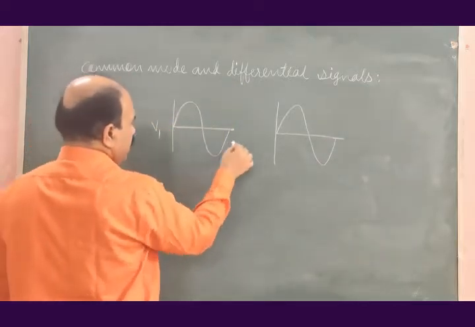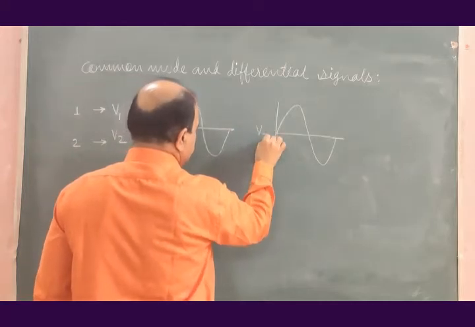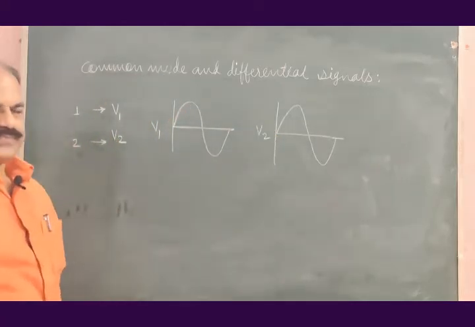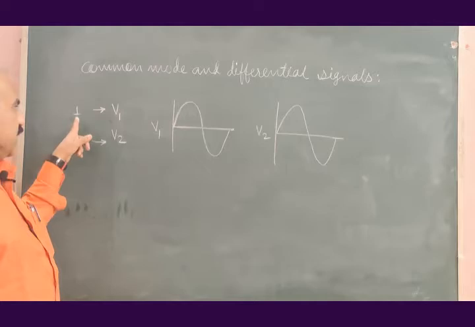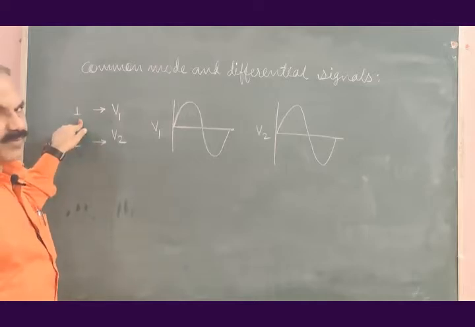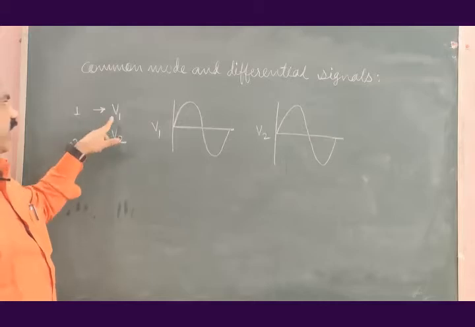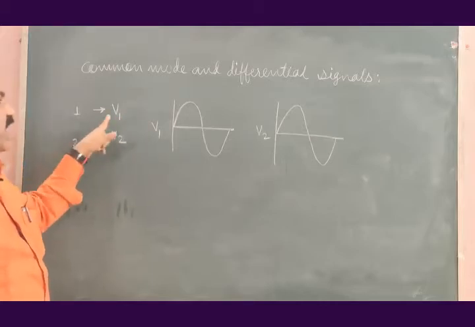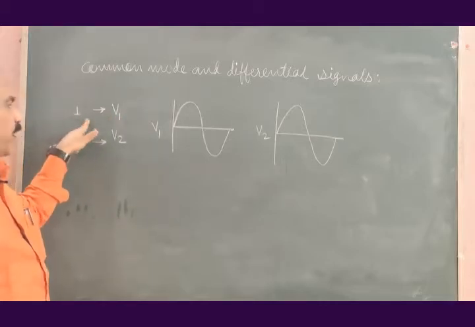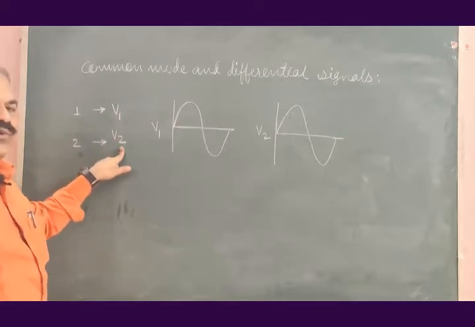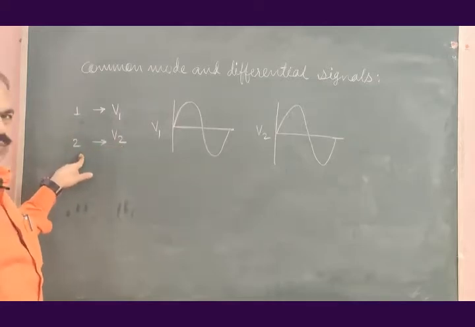This is V1, this is V2, at input 1 and input 2 of the differential amplifier.